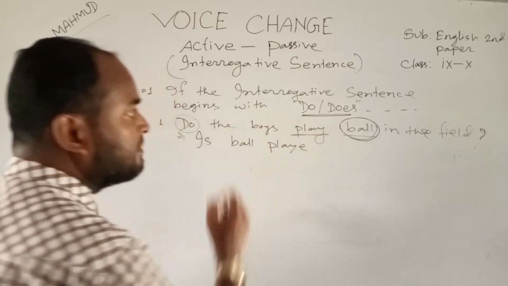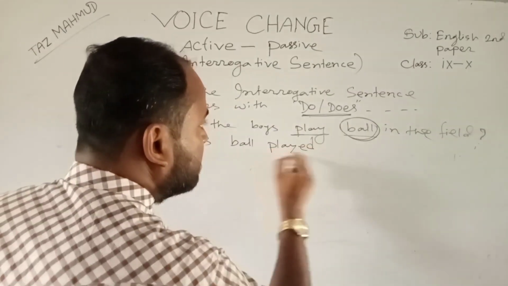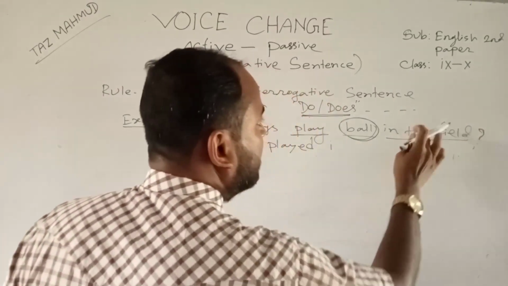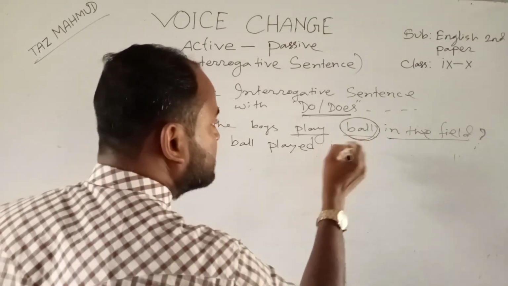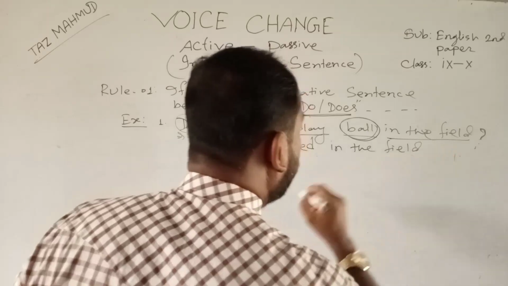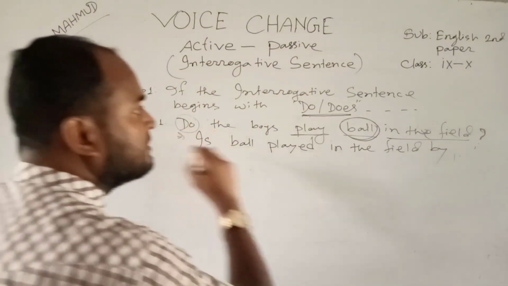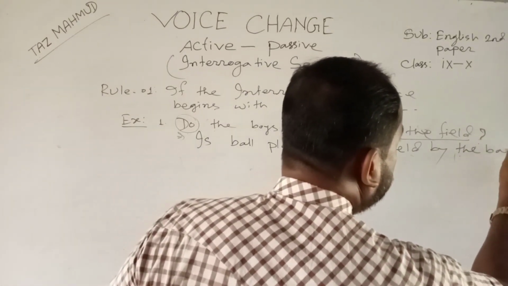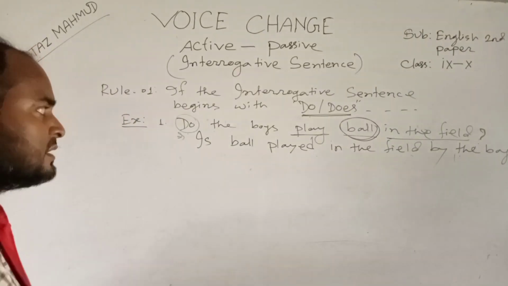Play is the principal verb of this sentence, past participle form played, and then extension if necessary. In the field is the extension. Then by, and then the object form of subject, the boys, and lastly we have to write the note of interrogation.